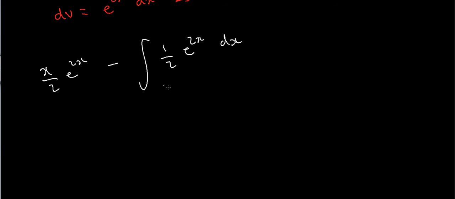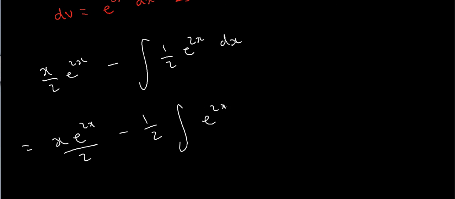Well, again, I've now got something that I know how to integrate. I've got the integral of half e to the 2x, and I know how to integrate e to the 2x. So this is the same thing as x e to the 2x over 2 minus a half times the integral of e to the 2x dx. And what is this? Well, we've already done it. We know that the integral of e to the 2x is a half e to the 2x.